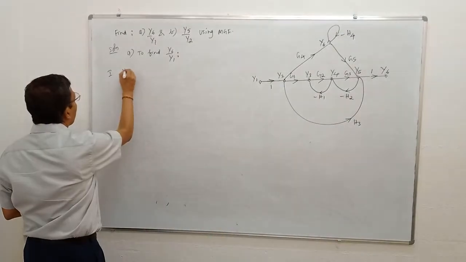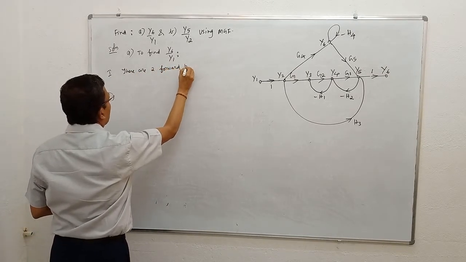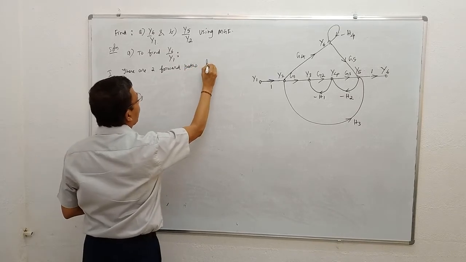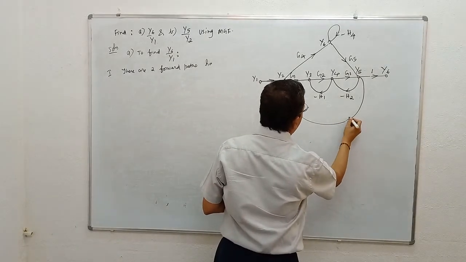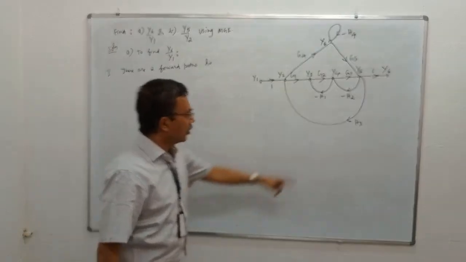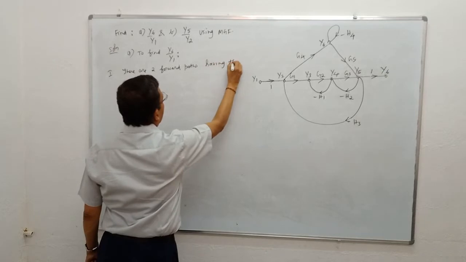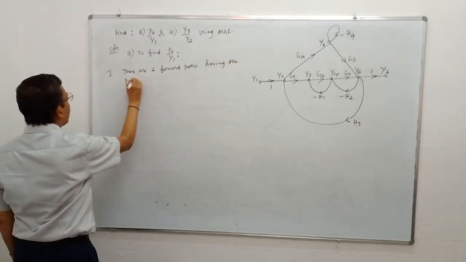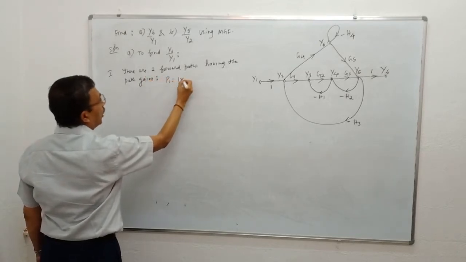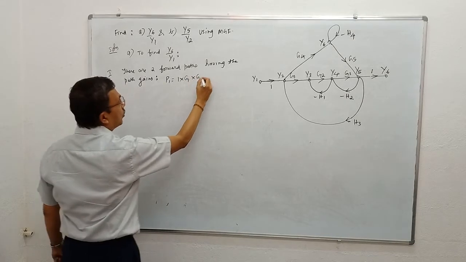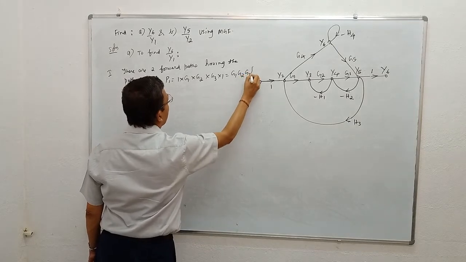Step 1. There are 2 forward paths having the path gains P1 equals 1 into G1 into G2 into G3 into 1 equals G1, G2, G3.